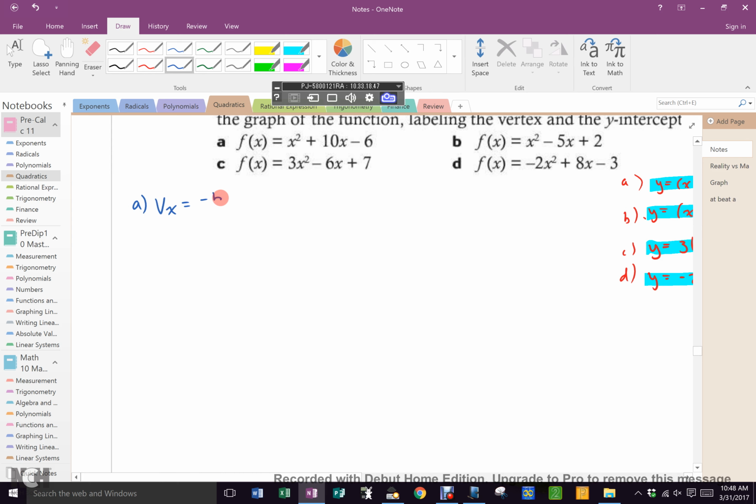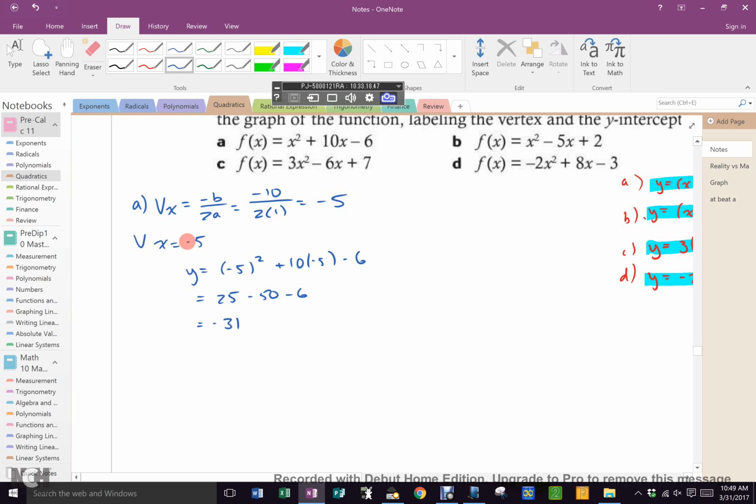So vertex of the x equals negative b over 2a, which is negative 10 over 2 times 1, which is negative 5. So now my x equals negative 5. You see I have x's here, yes? So y equals negative 5 squared plus 10 times negative 5 minus 6, which is 25 minus 50 minus 6, which is negative 31.